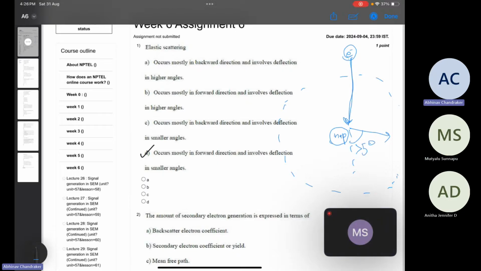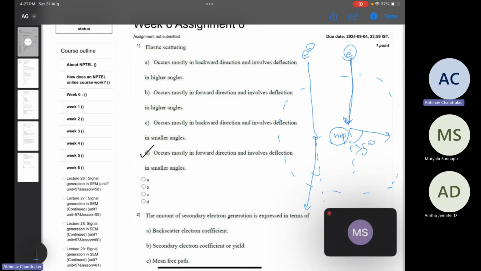But if the electron is somewhere farther away from the nucleus, it is much more likely that it will deflect by a very small amount, usually less than 5 degrees. For example, in a TEM, transmission electron microscope, most of the electrons go straight, while only a few are diffracted by small angles.